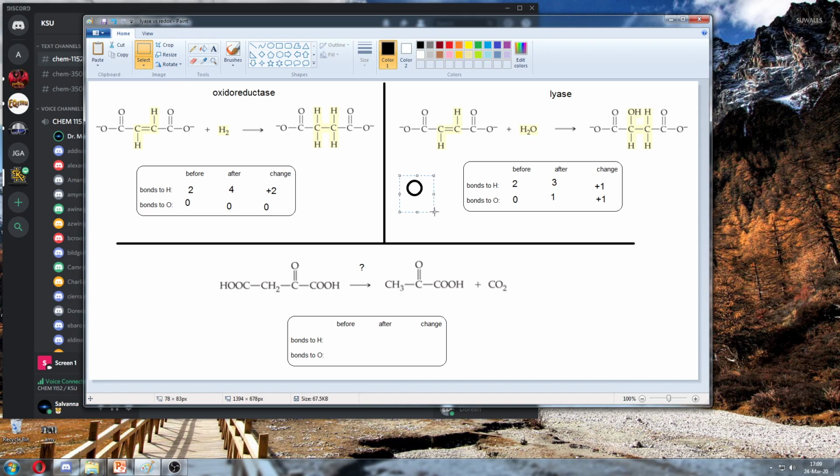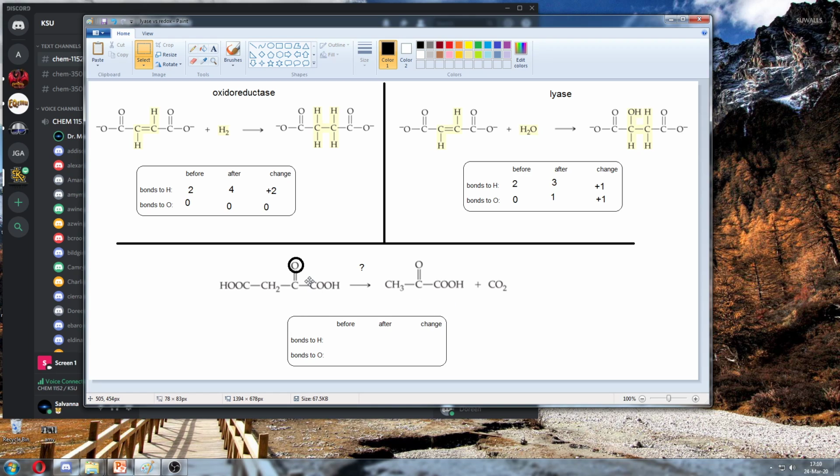So, which of these carbons actually changes bonds? Right? So, this carbon over here, start on the right. This carbon, can you see, is this carbon here? It's the exact same one. Does it change bonding partners at all? No. It looks identical before and after. We can ignore it. How about this carbon?